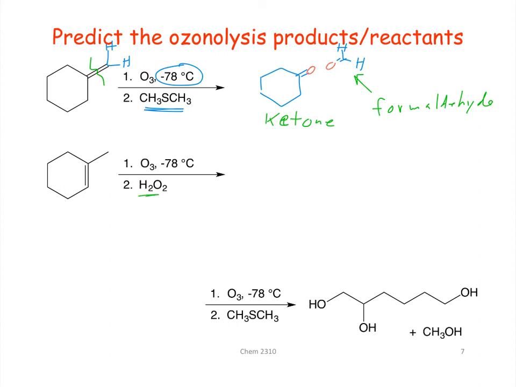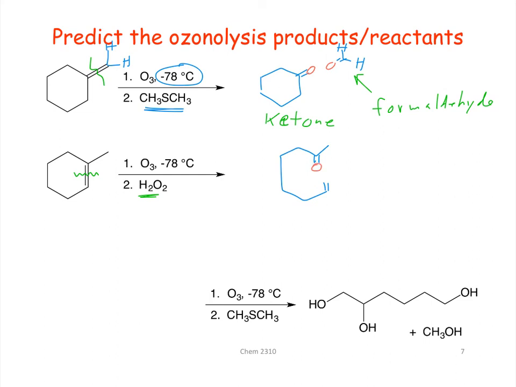Okay, so the next one uses hydrogen peroxide. So again, we're going to cleave this, and each side is going to be oxidized. Notice that this double bond is in a ring, so we're going to open up the ring in the process. So we're going to get this, and we have a double bond here, and a double bond here.